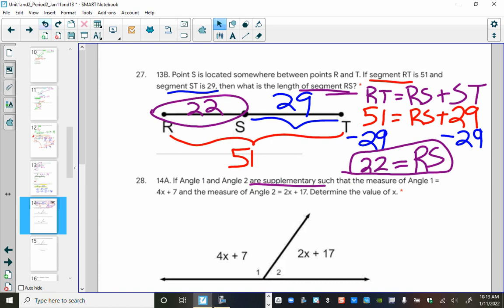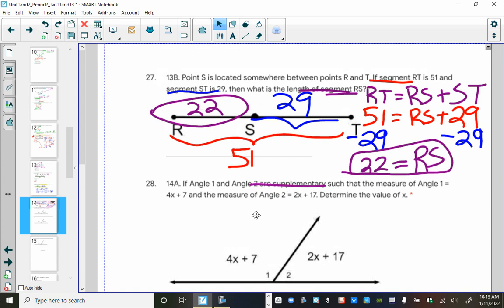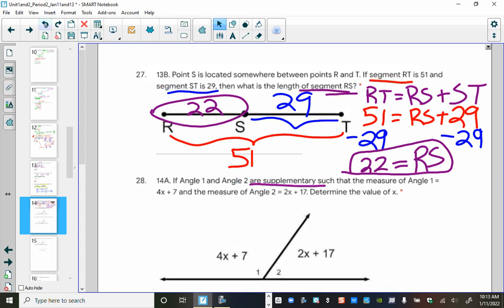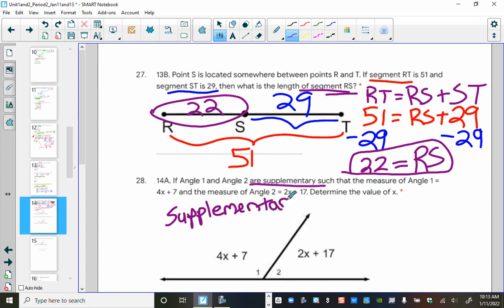Supplementary, add up to 180. So you're going to add these up to 180.